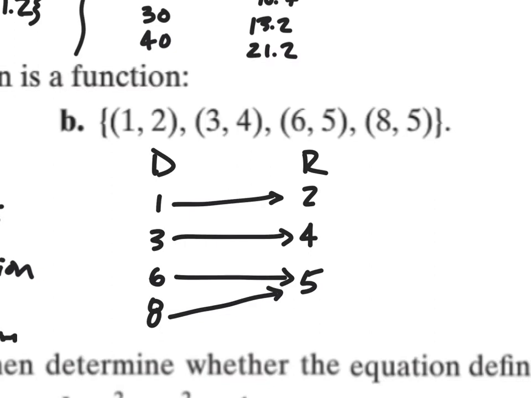Now the cool thing is, even though the y value does repeat, for 6 and 8, think about this. There are a number of ways on an iPhone to open a picture or open the camera. You can do it from the control center if you swipe up on your phone. You can do it by swiping from the right to the left, or you could just open up the app.